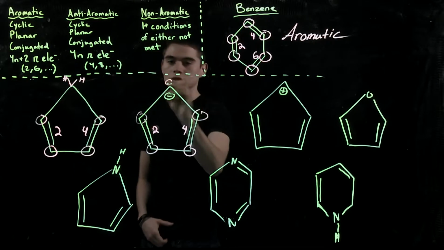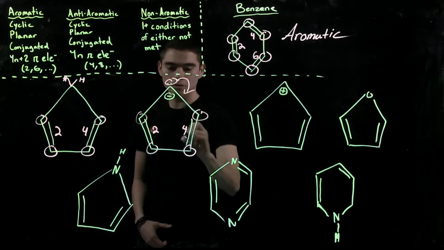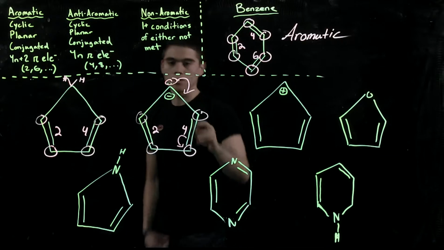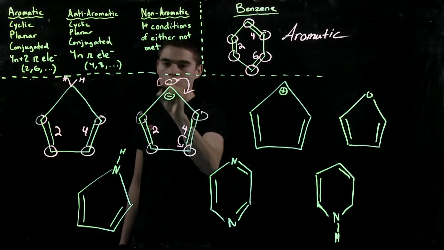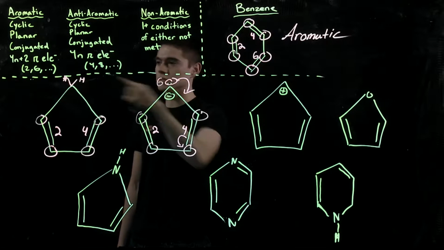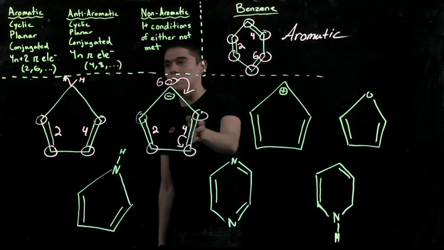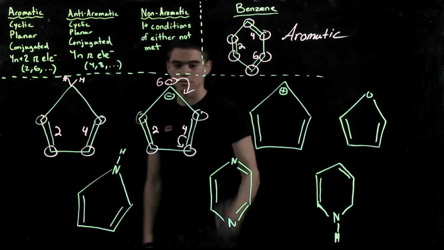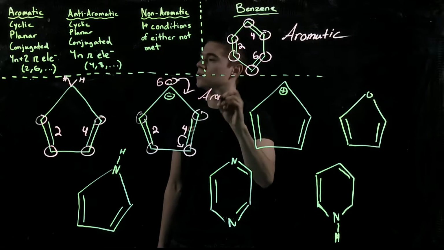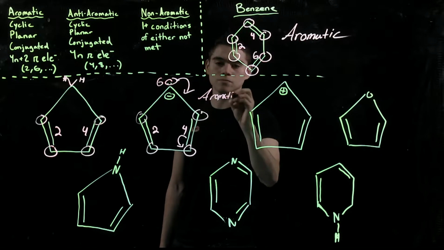You can see that this lone pair could make this movement, but overall you can count these up. You have 2, 4, 6 pi electrons, and that screams out to you that it is aromatic because it follows the 4n+2 rule.